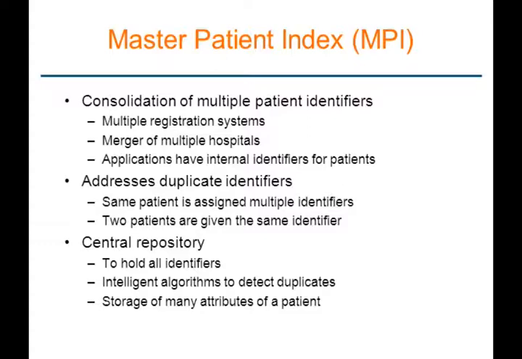Perhaps master patient index is a good place to put that for all facilities. Another example is notice of privacy that we have to provide as part of HIPAA regulations, and to say that yes, this person has been given such a thing is one of the indicators that we have to maintain. Perhaps master patient index is a good place to put that, if not your master registration system.